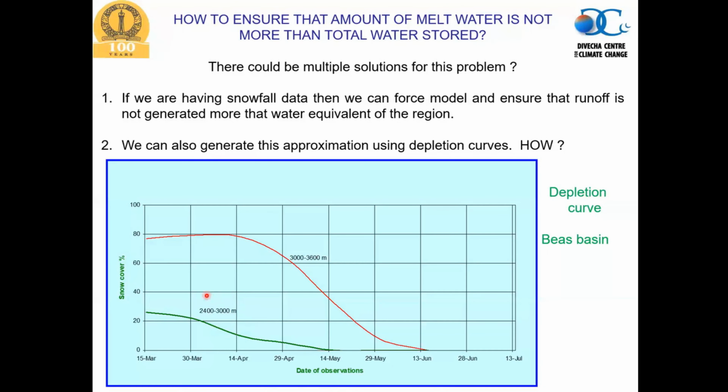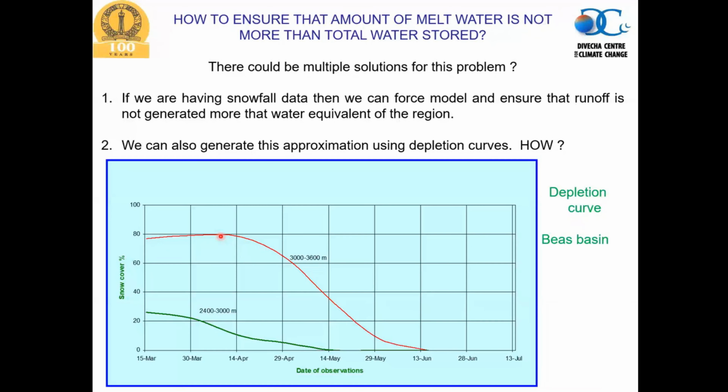So if you look at 2,400 to 3,000 meters, you can see most of the snow is melting from 15 March onwards, and by the middle of May, this is completely over. But if you look at 3,000 to 6,000 meters, then no melt is taking place.